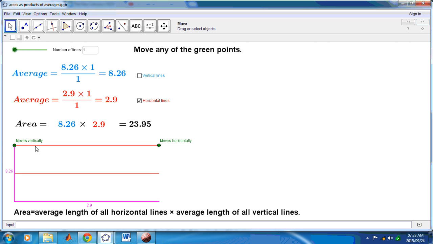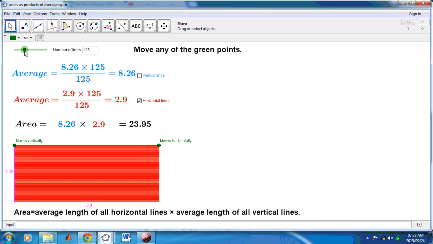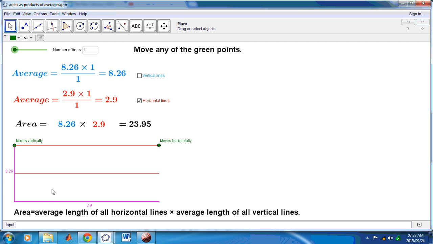And if we include more lines, notice that the average does not change. It's still 2.9. It's always 2.9, regardless of how many lines we have. So this side here, 2.9, is the average of all the infinitely many horizontal line lengths in this rectangle.